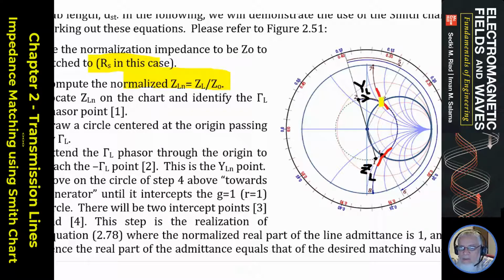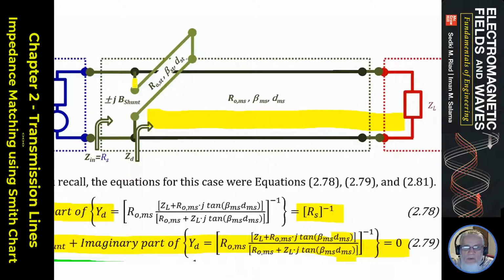So the line susceptance here is positive, which means we negate that to get the stub susceptance. And the line susceptance here is negative, which means the stub susceptance needed would be positive to compensate for that. So we take the readings of susceptances right here and right there, and we record those. And we'll move on to find the stub required to cancel that susceptance. And that will be the second transmission line problem.